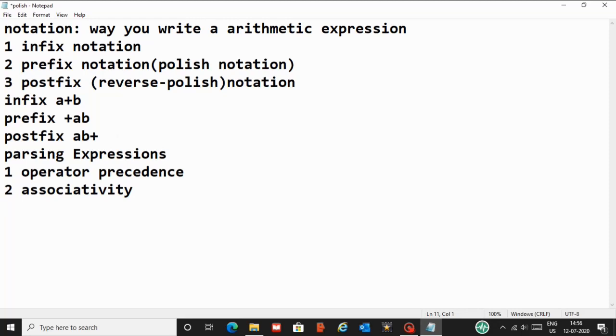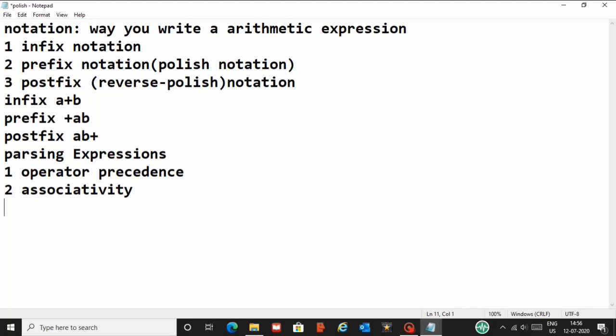What do you mean by precedence? Precedence is nothing but when an operand is in between two different operators, which operator will take the operand first is decided by the precedence of an operator.